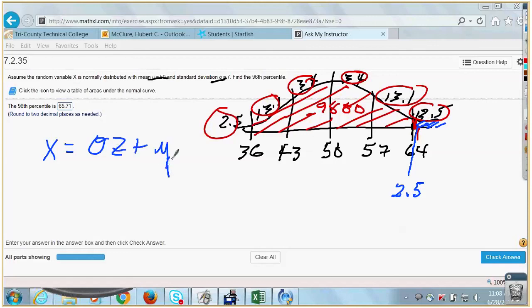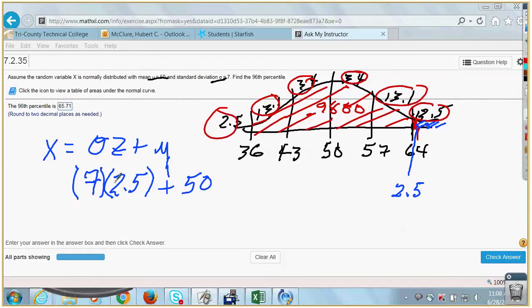So that means X, which is your temperature or your score or whatever they're looking for, is going to be your standard deviation, which is 7, times the z-score, which is 2.5, plus your 50, which is your average.